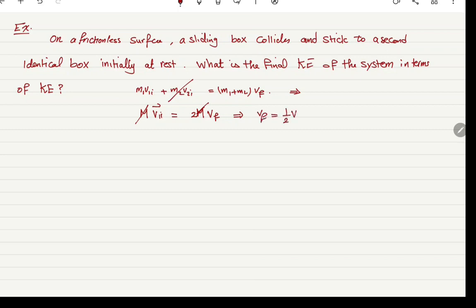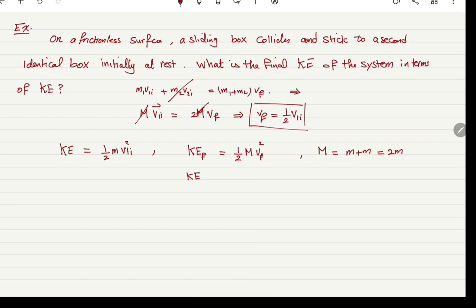v final equals half v1 initial. Now use this to calculate the kinetic energy. So the initial kinetic energy equals half m v1 initial squared. Now the final kinetic energy equals half total m v final squared. And remember, the total m here equals m plus m, which equals 2m.